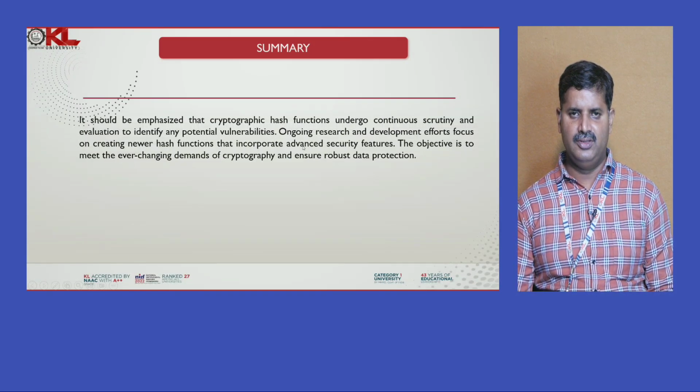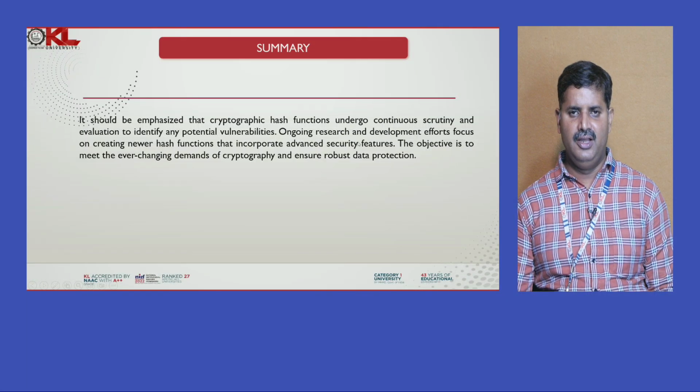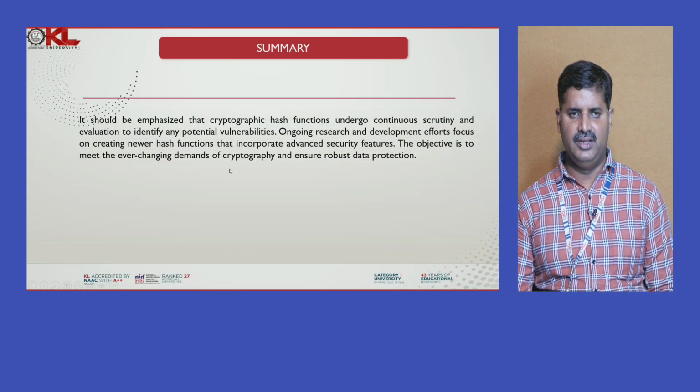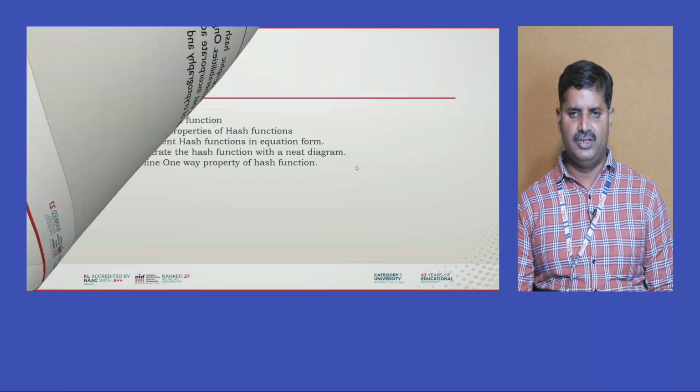Future research depends on newer hash functions that incorporate advanced security features. The objective is to meet the ever-changing demands on the hash functions available in cryptography to ensure robust data protection.